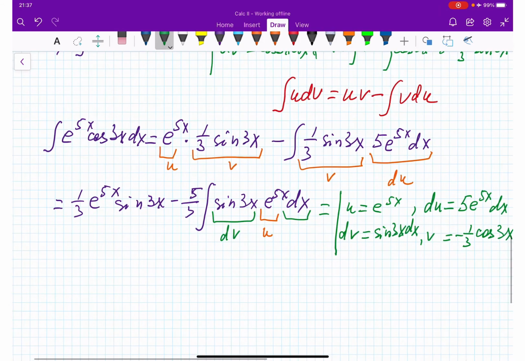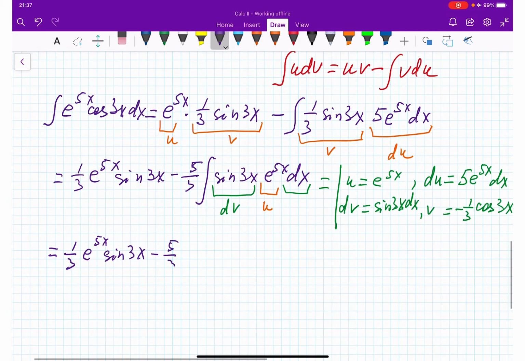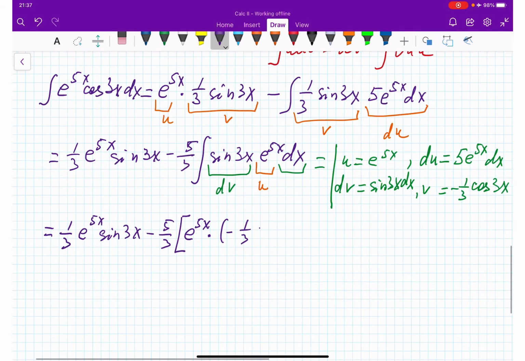Okay, so this is going to be equal 1/3 e to power 5x sine 3x minus 5/3 opening square brackets, and we are getting e to power 5x times negative 1/3 cosine 3x.